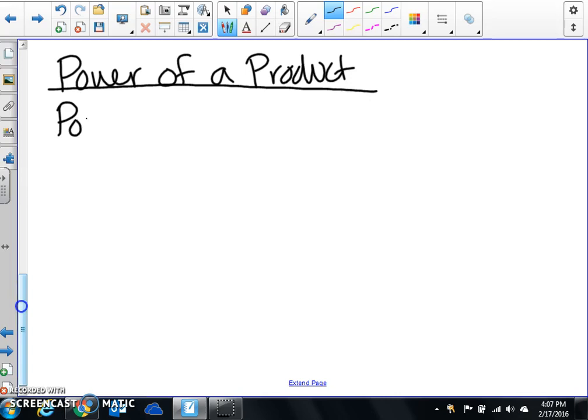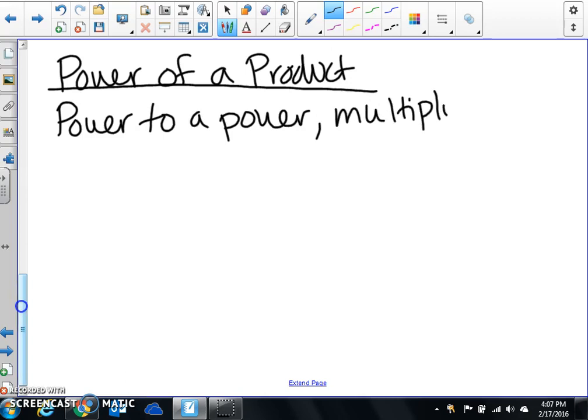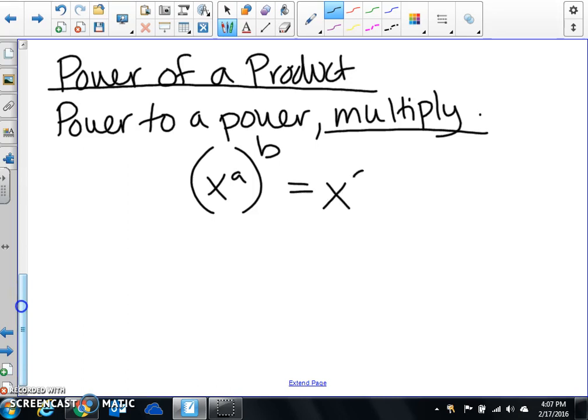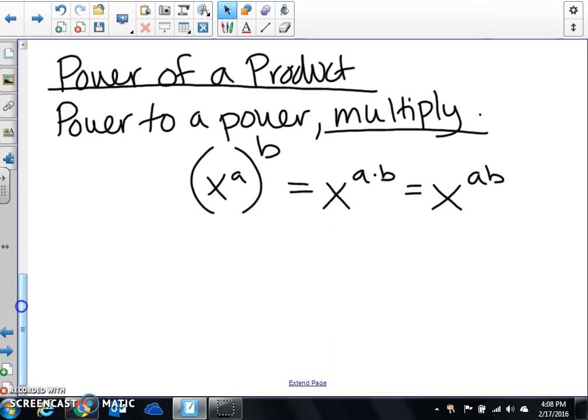So power to a power, we multiply. What that looks like is this. X to the A, all to the B. That becomes x to the A times B, which is just the same thing as x to the AB. Okay? So let's do some problems with this.